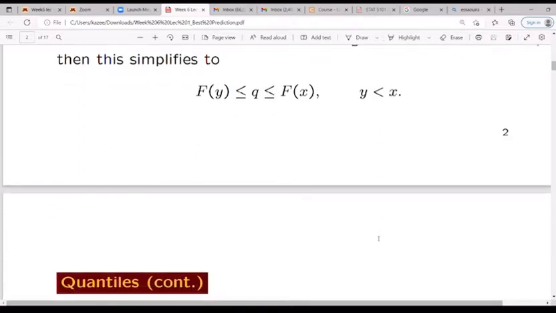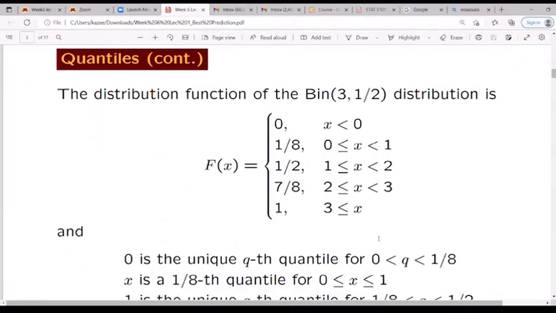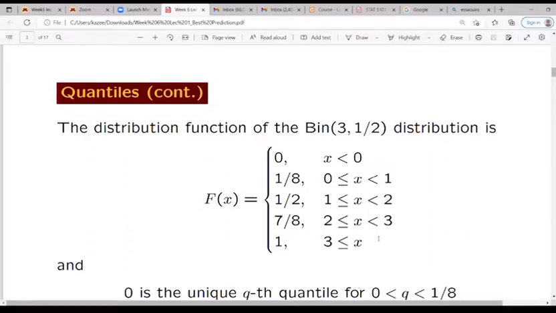Now I'm going to walk you through an example of how we figure out the distribution function, because before you can compute the quantile, the distribution function of that particular random variable X must exist.